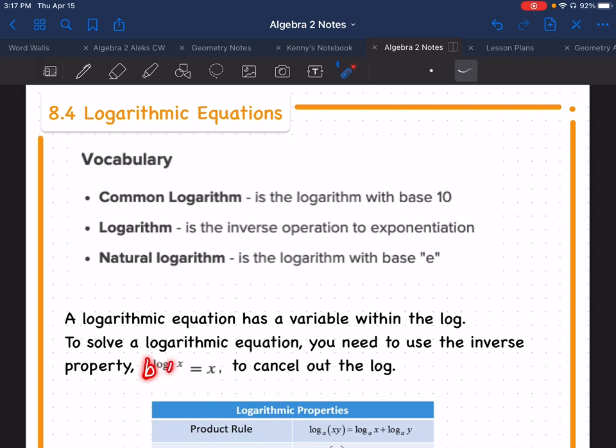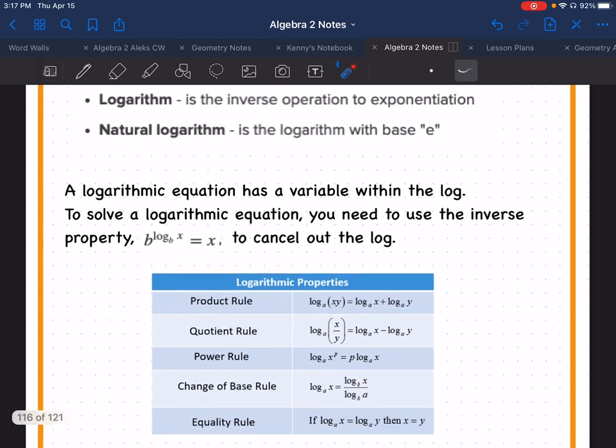Notice that the base that I choose is the base that the log has. And when I do that to the side with the log, I get whatever's inside as my answer, because the base and the log cancel each other out, leaving me just whatever's left. That's what x is.